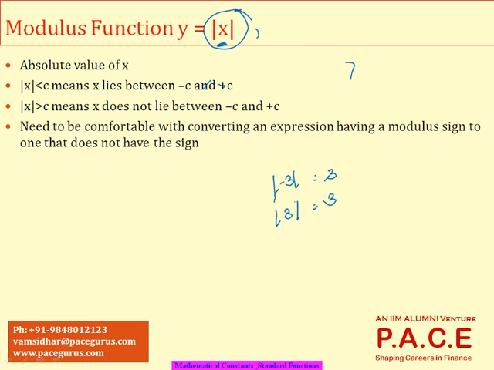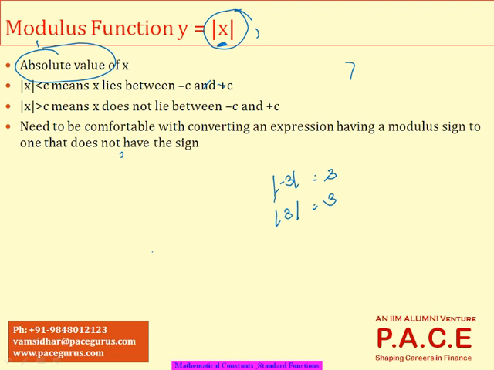Whatever is the value inside the modulus, the output of it is always a positive value. The negative sign is ignored in case of the modulus function. So that's the reason we even call the modulus function the absolute value of x. We ignore the sign of x and we present only the absolute value.